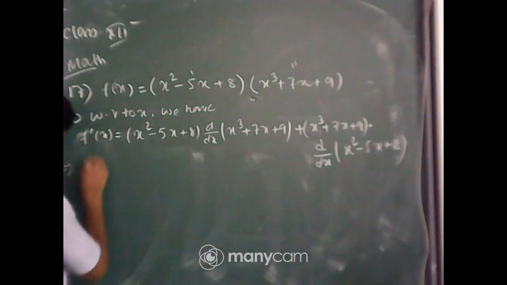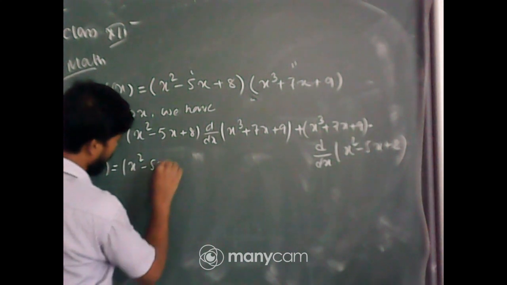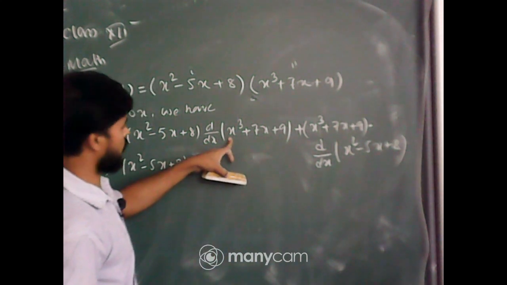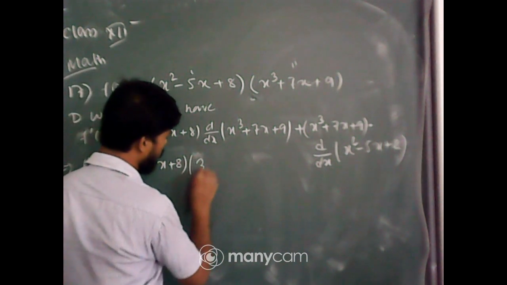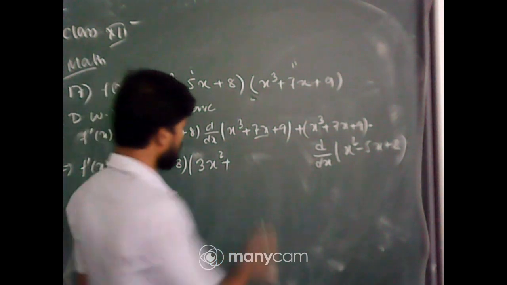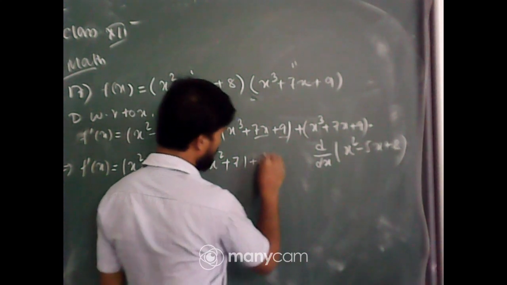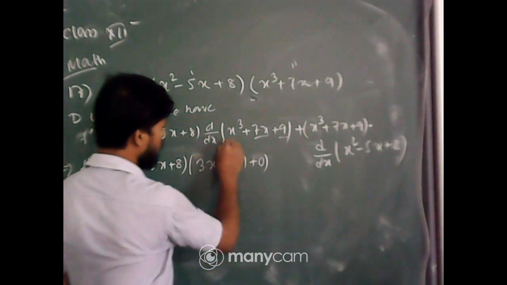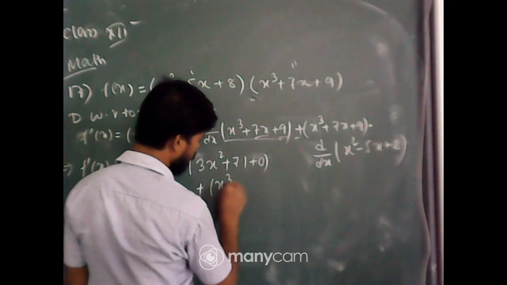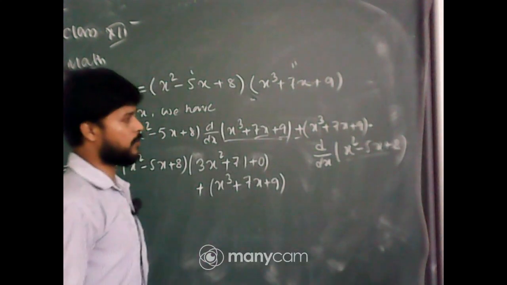So f dash x will be equal to x square minus 5x plus 8 into the derivative of this function. The derivative of x cube is 3x square, plus the derivative of 7x: 7 is constant and the derivative of x is 1, plus this is a constant term, so its derivative is 0. So this part is completed. Now plus x cube plus 7x plus 9 into the derivative of x square minus 5x plus 8.